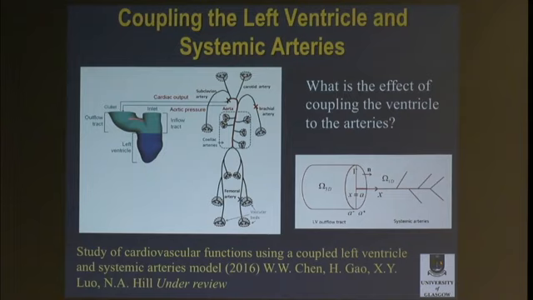This one doesn't have valves in, but they're building models with valves in, and we're putting them into these circulation models. So how do we link the two things together? Well, this cartoon illustrates it. You've got outflow from the aorta in the heart linked to the left ventricle, and then you link it to our cross-sectional average, this 1D model, which is what the cartoon is supposed to illustrate.